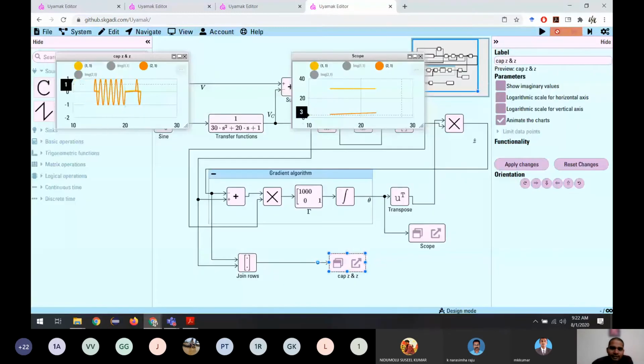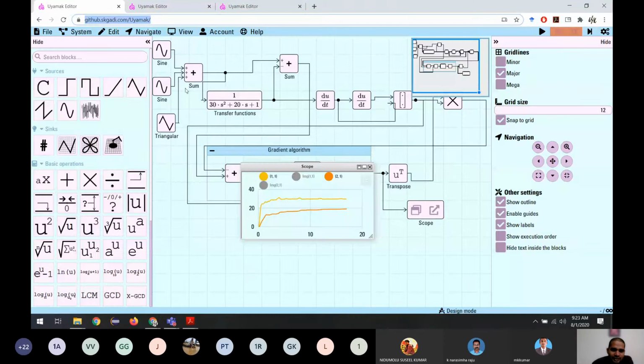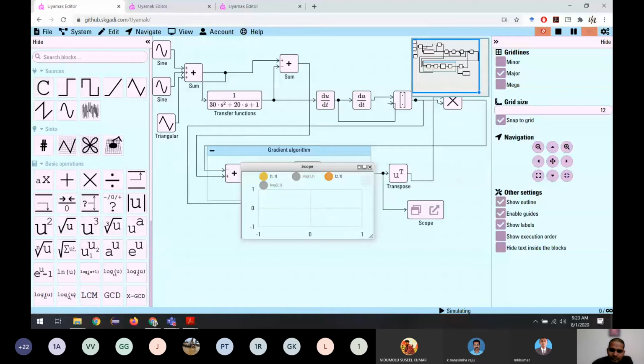So I have added 2 sine waves and 1 triangular wave, and we run the same. Now we can see the values are converging a little quicker, a little faster than before.